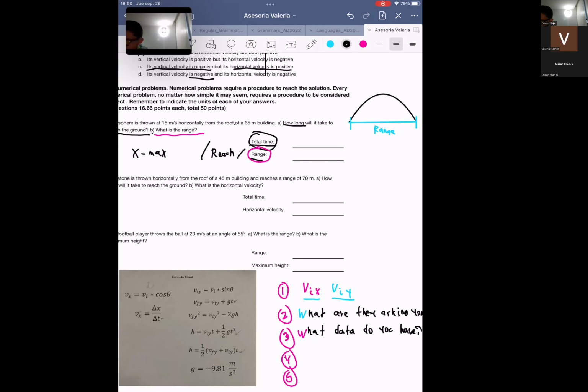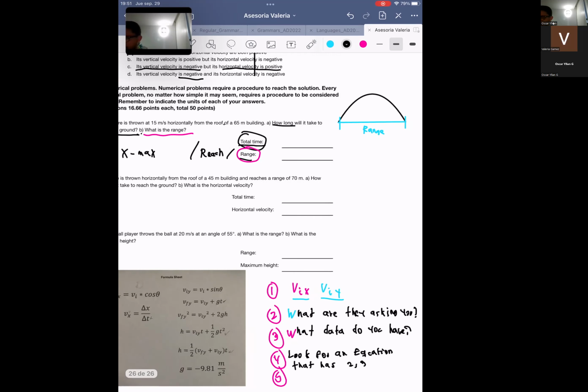Number 4 is to look for an equation that has both 2 and 3. This means that it has what they are asking you and what data you have. But remember that you can only have one unknown, because remember in mathematics, for every equation you need one unknown.